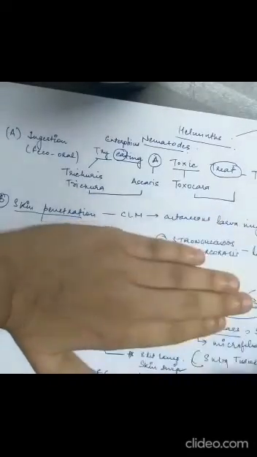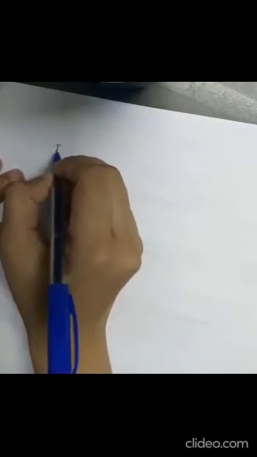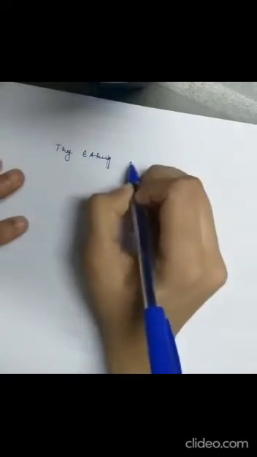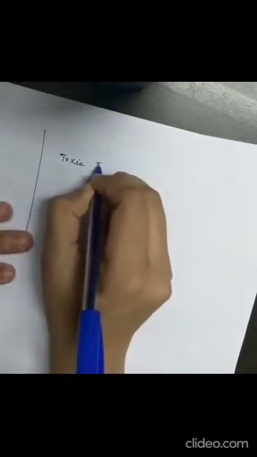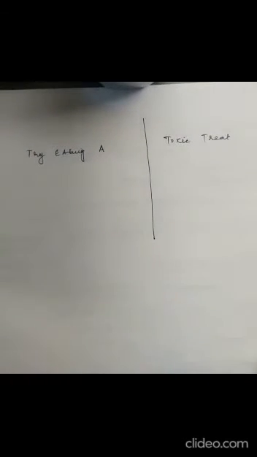Okay, now do one thing, just divide them into these 2 and these 3. Okay, so now basically you have try eating A on one side and toxic treat on the other side. Right?